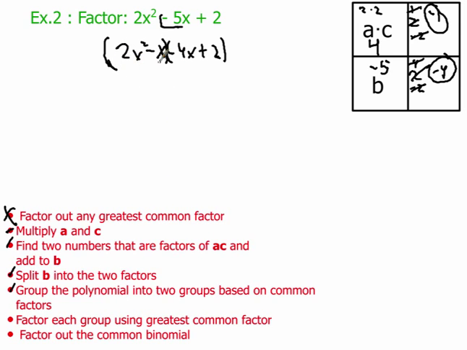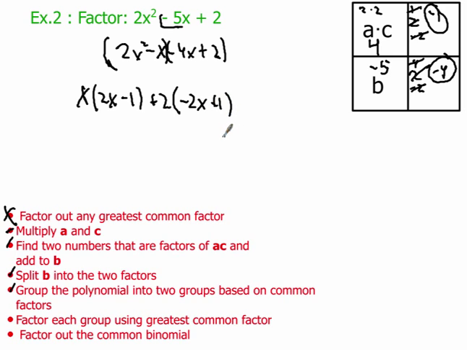Well, 2x squared and negative x, they share an x. 2x squared divided by x is 2x. Negative x divided by x is negative 1. Negative 4x and 2, well, they share 2. Negative 4x divided by 2 is negative 2x. 2 divided by 2 is plus 1.